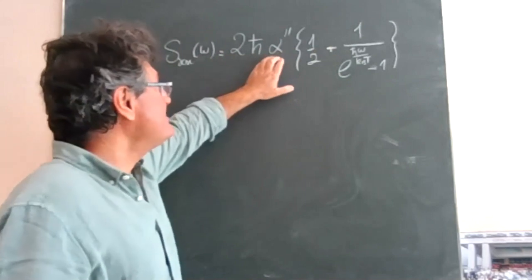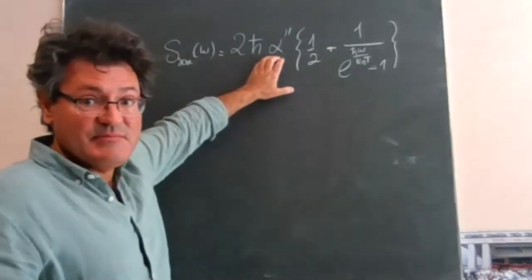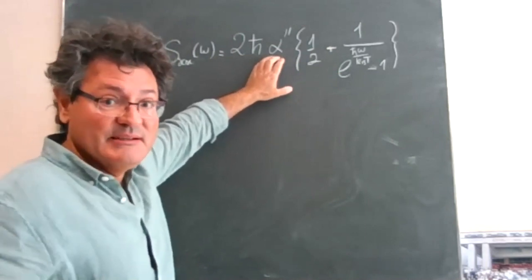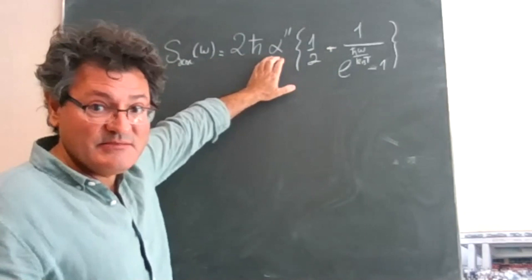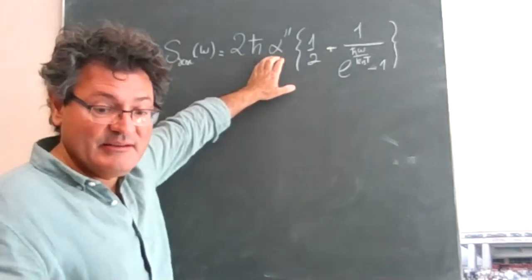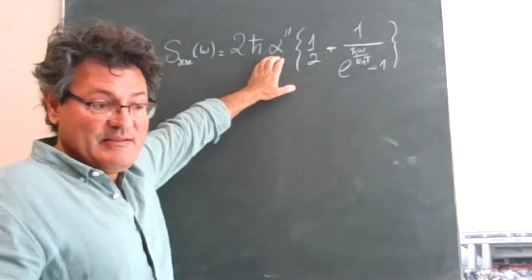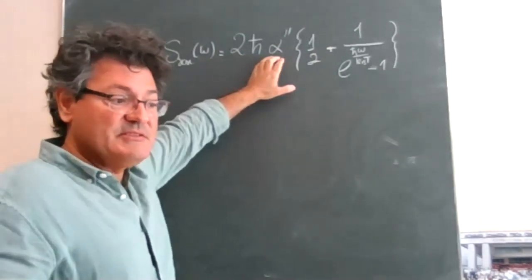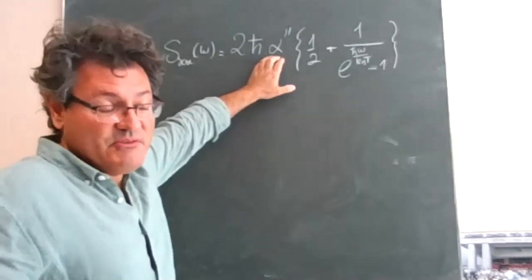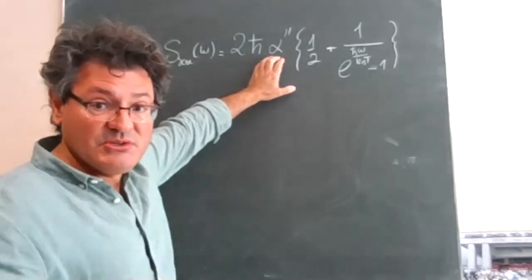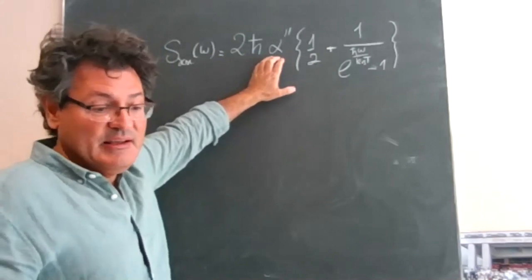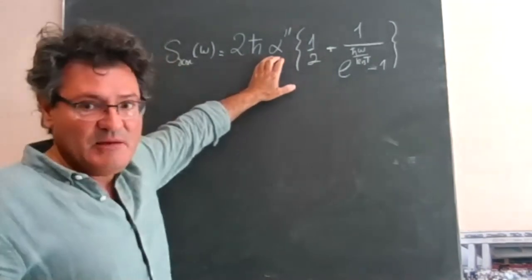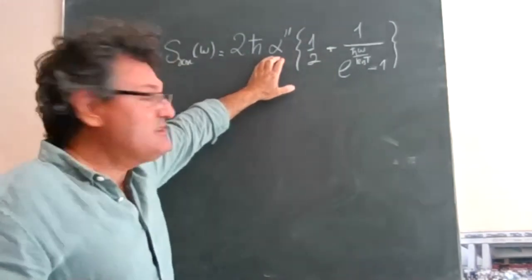So we're assuming that the system is linear, otherwise the susceptibility doesn't make any sense, because if the system is not linear, the response cannot be expressed with a single function, because the response depends on the amplitude of the solicitation. Instead, in linear physics, the response is independent of the amplitude of the excitation.